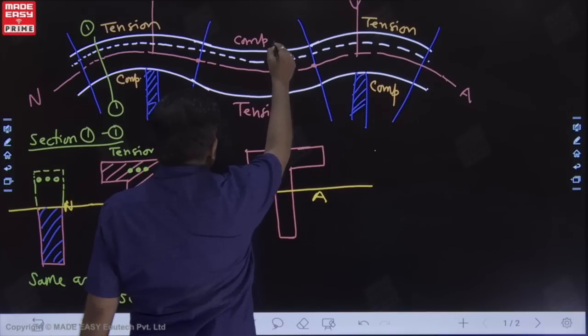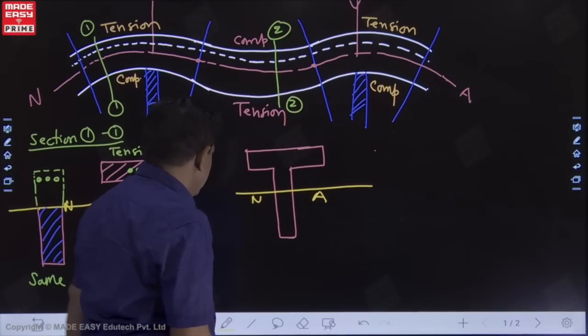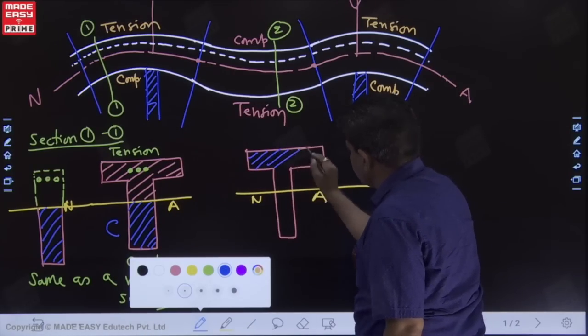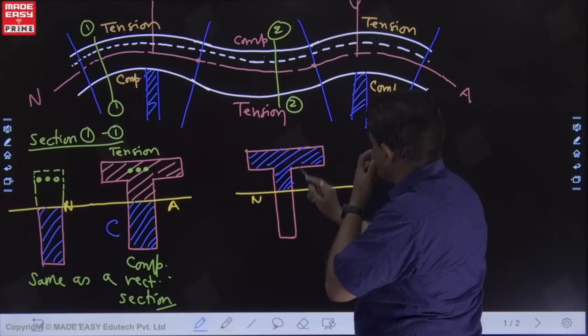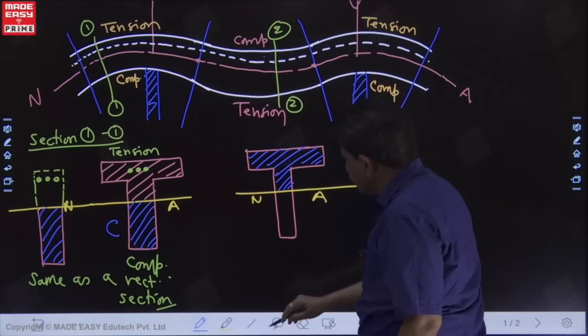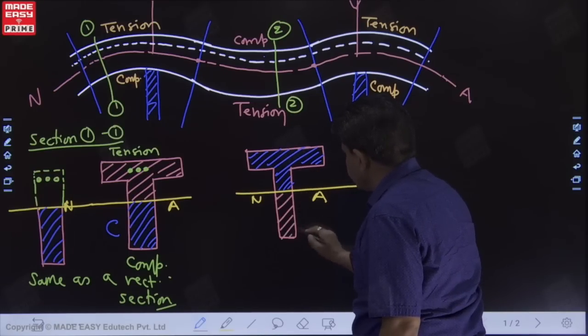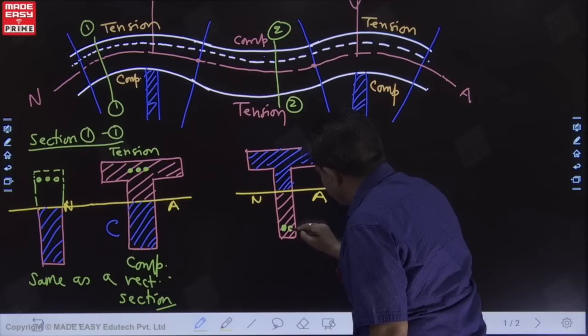But if I take the cross section here 2 2, in 2 2, understand compression is this part. This part is in compression. This top portion is in compression with flange, and bottom portion is in tension. If I mark it with red, this portion is tension. Where you will provide the reinforcement? You will provide the reinforcement over here.